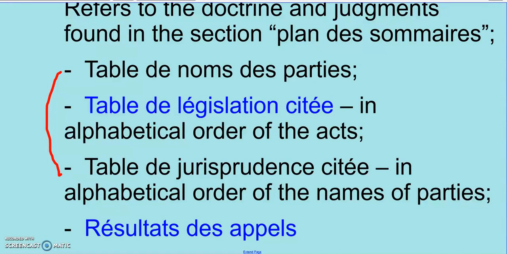Sometimes students tend to confuse the two. So in table de jurisprudence citée, what are we going to find? Let's say you found a case. You've probably heard of the case Tremblay contre d'Aigle. I'm guessing. So Tremblay contre d'Aigle, probably in Civil 1, Georgia might have talked about it a little bit.